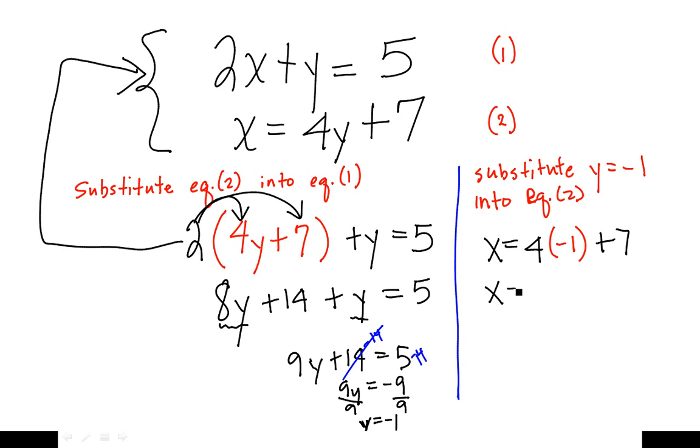So we have x equals -4 plus 7, which equals 3. So x equals 3 and y equals -1. Therefore, our answer, as an ordered pair, is (3, -1). Always x goes first.